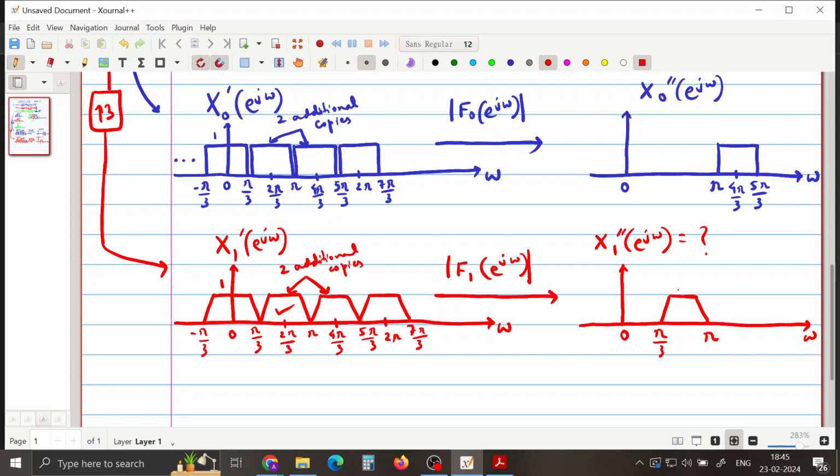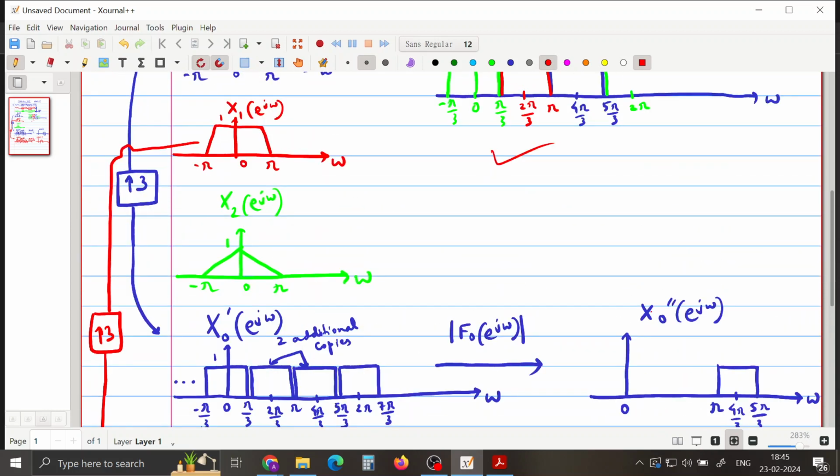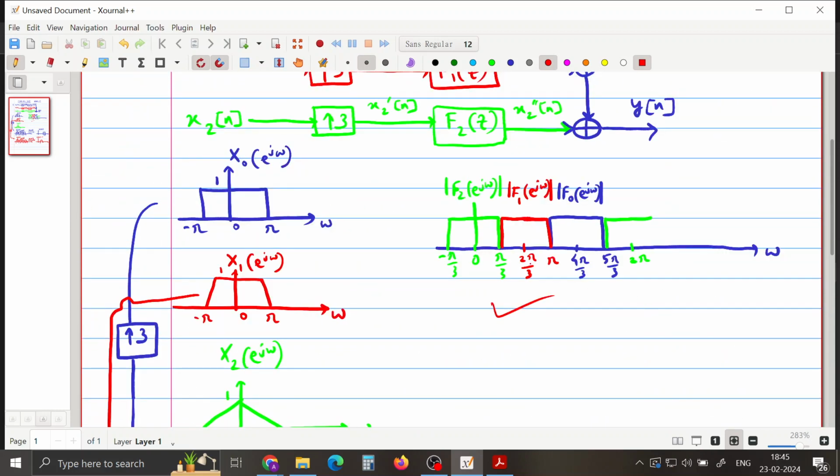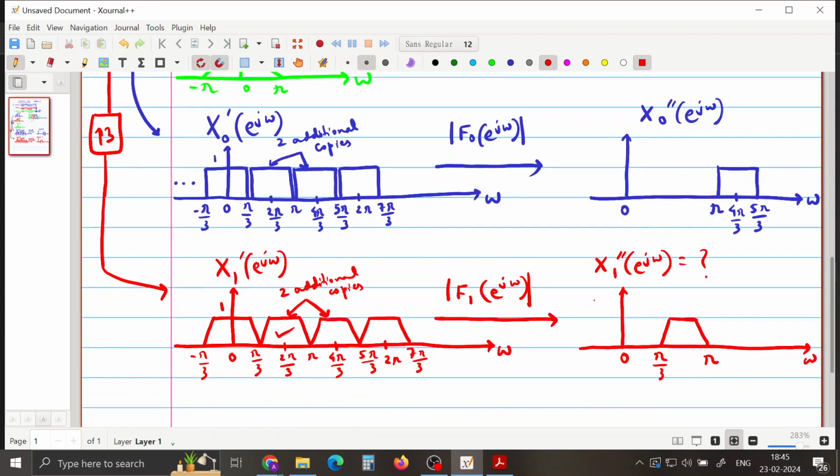This height of the spectrum will depend on the height of this filter, which is not given in our question, but it is some constant value. It's an ideal brick wall filter, it could be some constant value. So depending on that height, we will get the height of the output spectrum, but nonetheless it looks like this, and the center will obviously be the midpoint, which is 2 pi by 3.